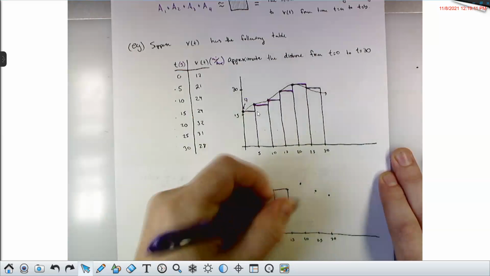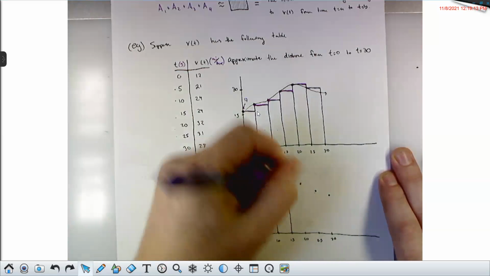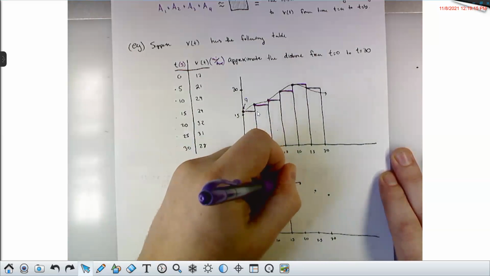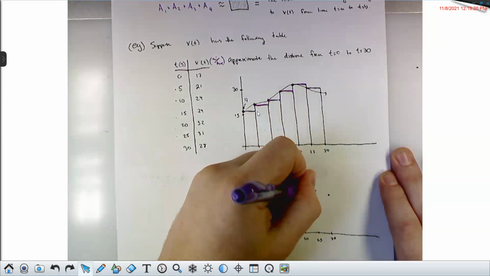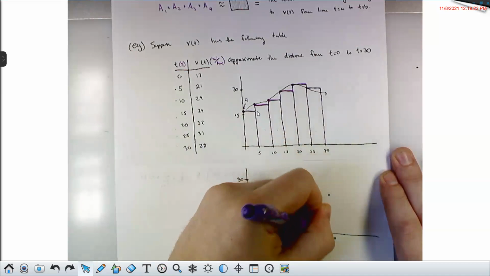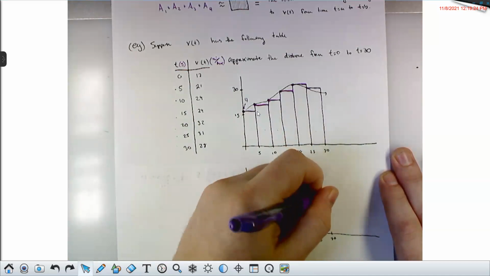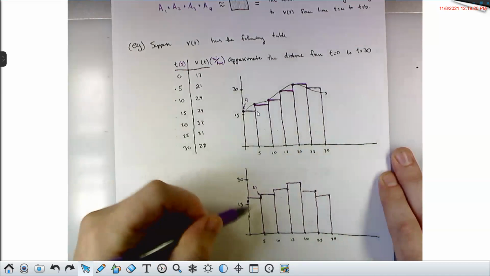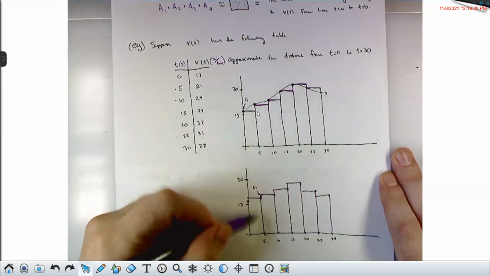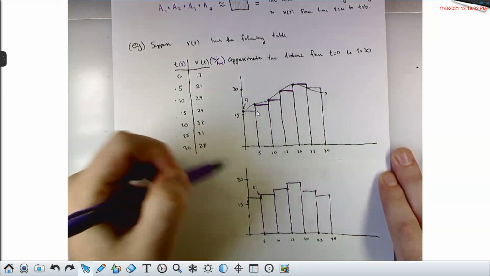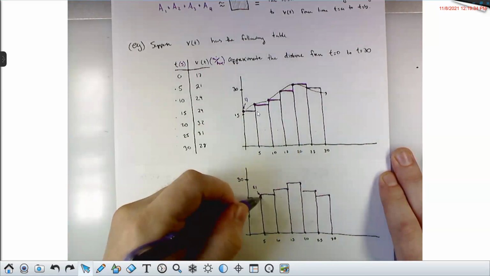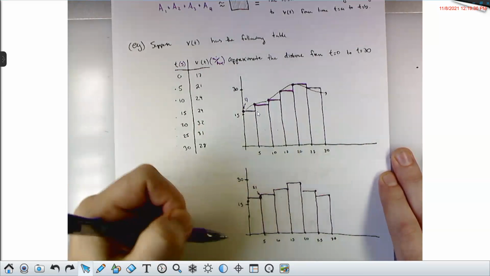And then you'll notice that all of these rectangles are slightly different than the rectangles we get from the left endpoint sum. So if you look at the first rectangle here, it's a little bit taller, right? The first rectangle in the left endpoint has height 17. The first rectangle in the right endpoint has height 21.